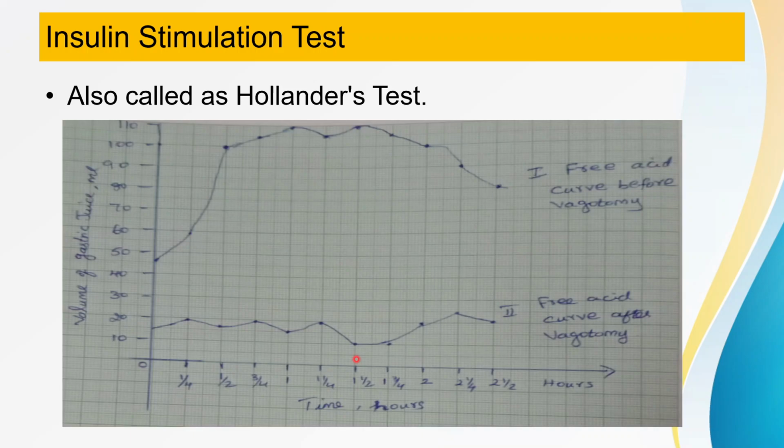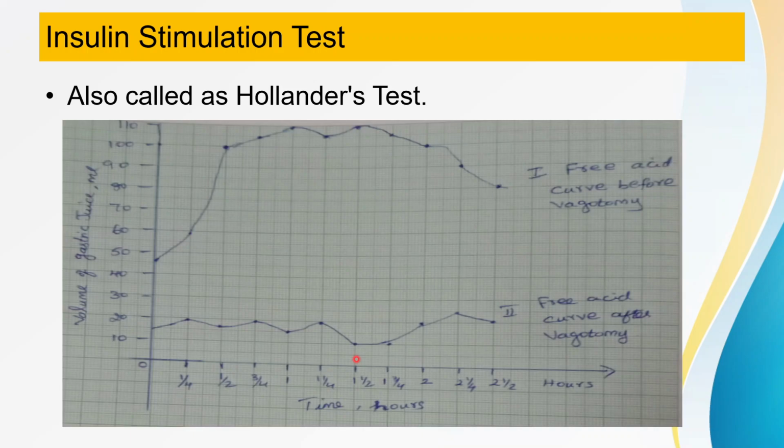Then we have to collect the sample, 50 ml of gastric content, at an interval of 15 minutes for 2.5 hours. And we have to do the analysis for free acidity and the presence of blood, bile, pepsin, and mucus. This test is performed to ascertain the effectiveness of vagotomy in patients with duodenal ulcer.